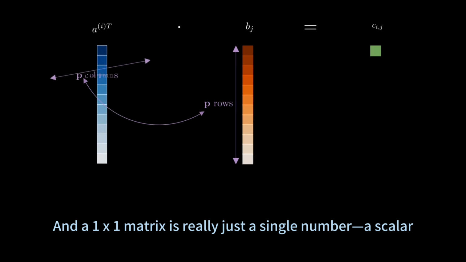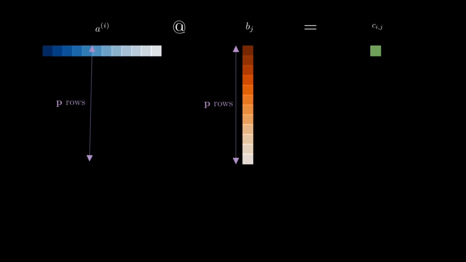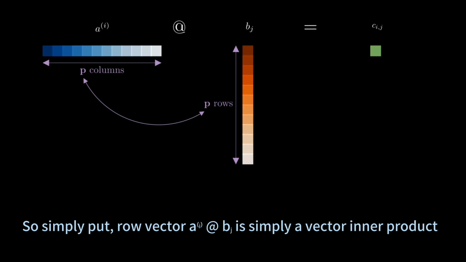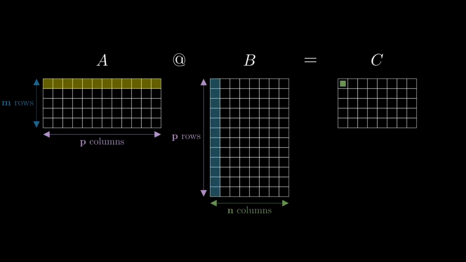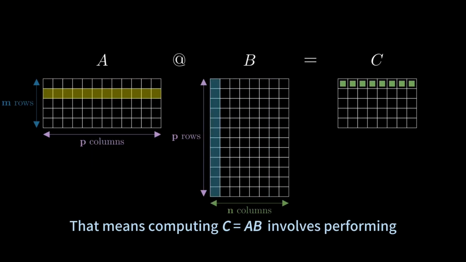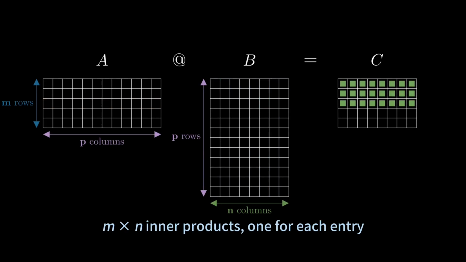And a 1 times 1 matrix is really just a single number, a scalar. So simply put, row vector A times column vector B is simply a vector inner product. That means computing A times B involves performing M times N inner products, one for each entry.